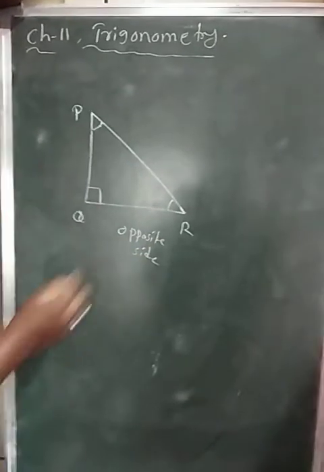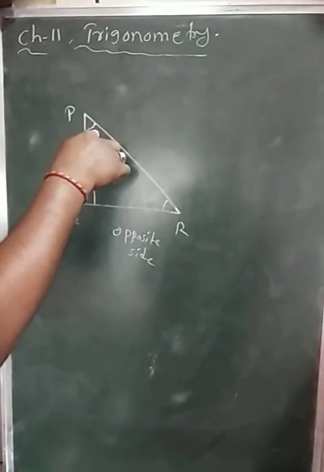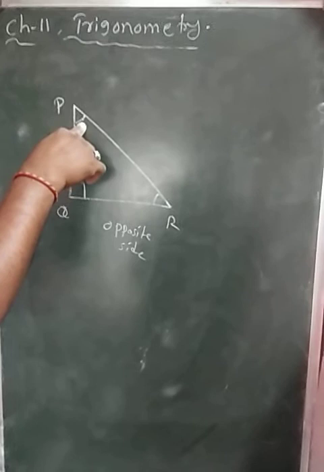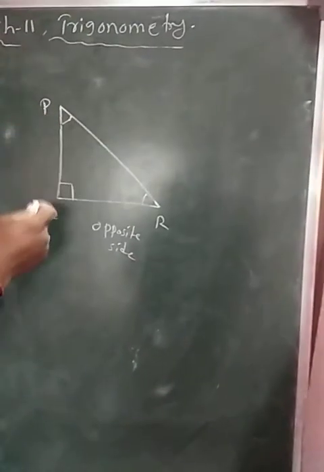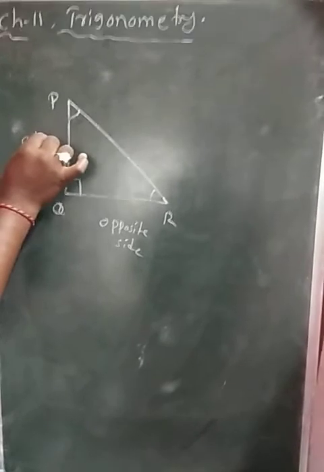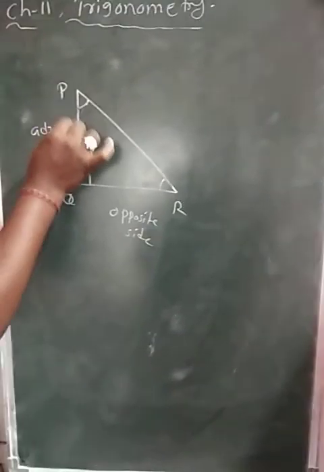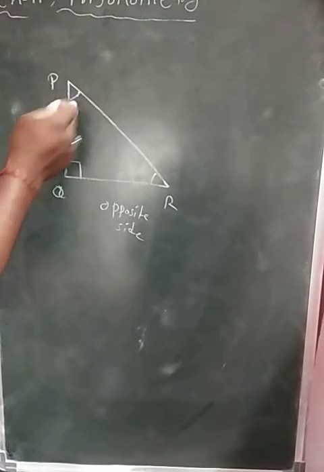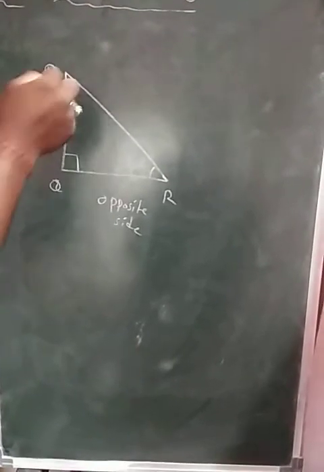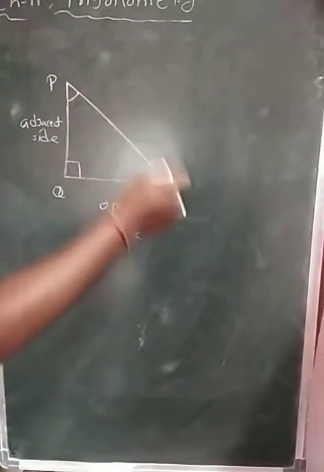Again, with respect to angle P, what is its adjacent side? PQ is the adjacent side. With respect to angle P, what is the longest side? The hypotenuse is PR.